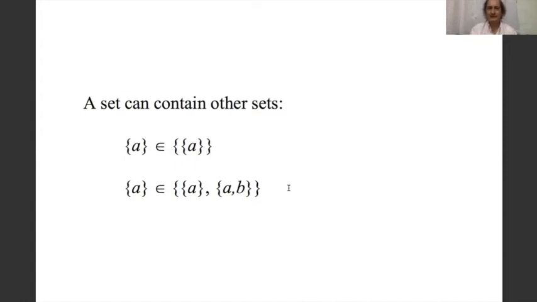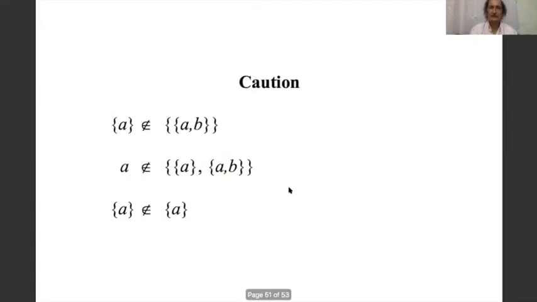Once you allow sets to contain sets, it makes things a little bit confusing and you have to be careful. So I'll give you a caution and I'll give you examples of things that don't work that look like maybe they should. So here we have a set that contains A. Here we have a set that contains a set that contains A and B. This set is not a member, and I use this for not a member.